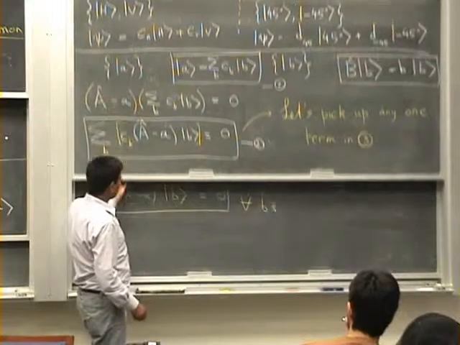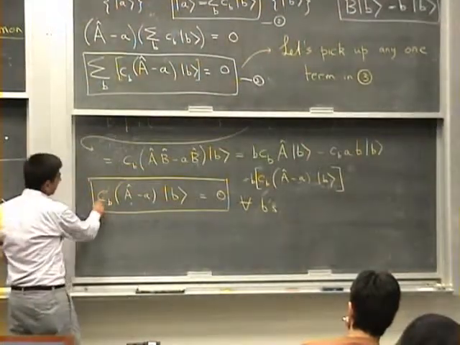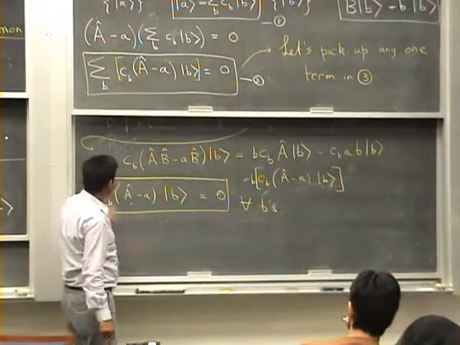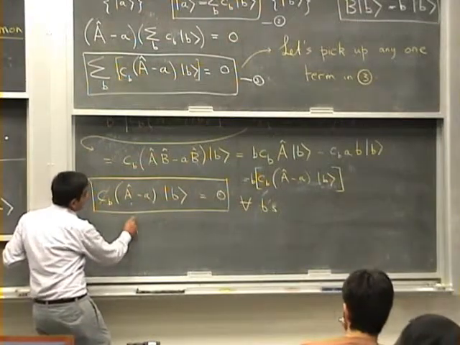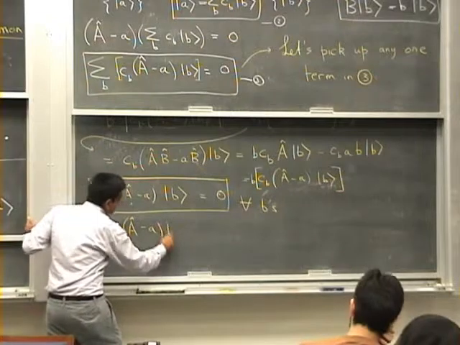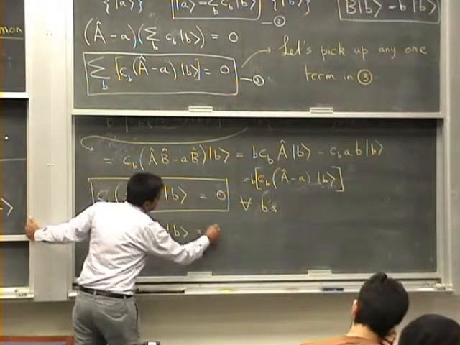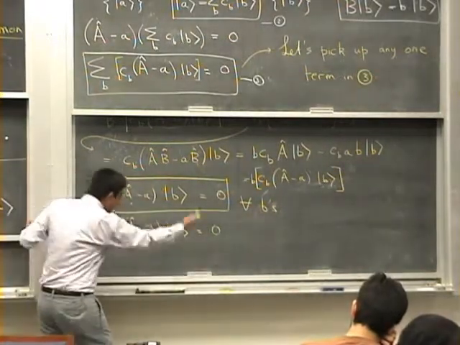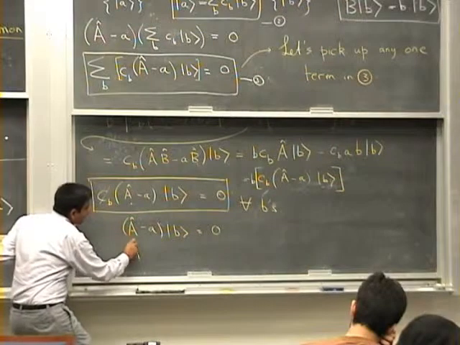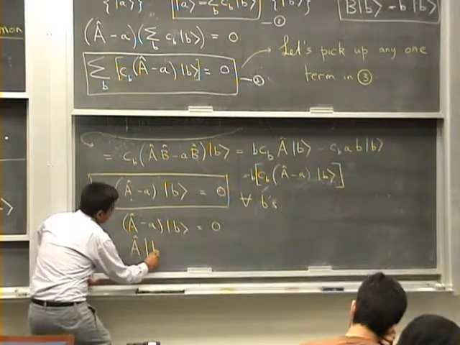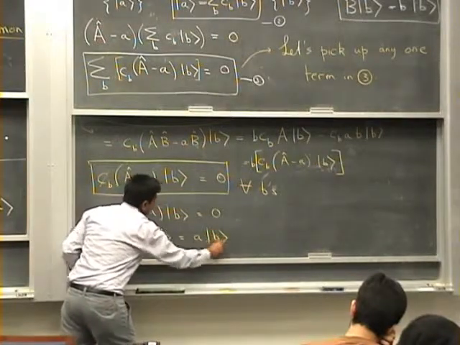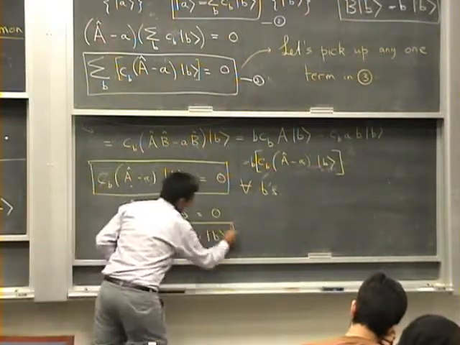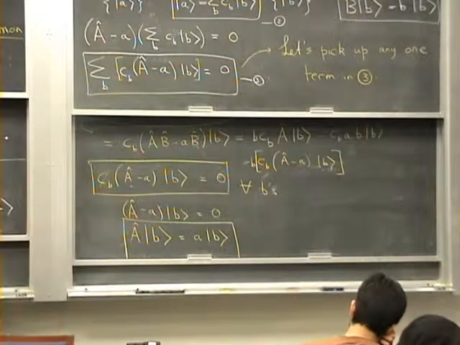So what you would like to do, this just goes away. You divide both sides by c_b, you get 0, and you're left with (A minus a) acting on state |b⟩ equals 0. Now I take this to the other side. I'm left with operator A acting on |b⟩ gives me a|b⟩. And this is your desired result.